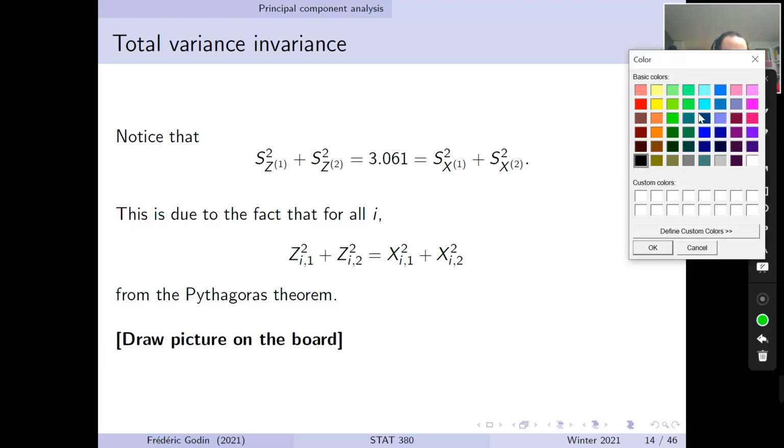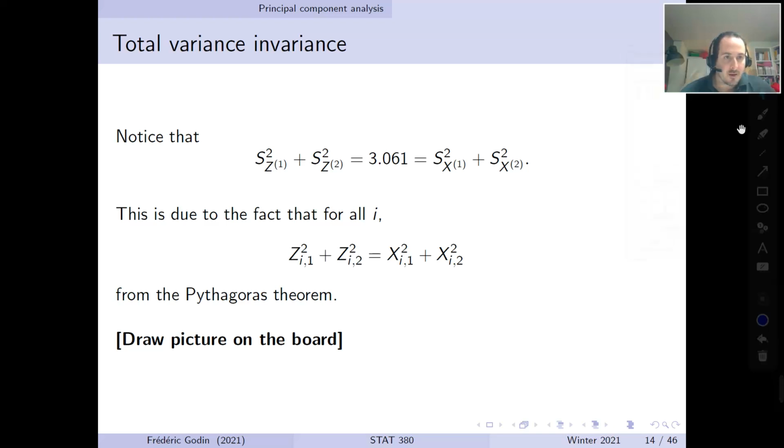So let's pick this color. So here, let's say we have a point here.